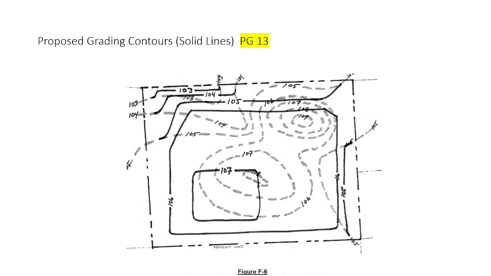So let me read a little bit of my notes here, just looking at this first shot. Figure F6, is that what we're looking at? Yeah. It shows an example of a proposed grading design overlaying the existing contours associated with the site we're looking at. The 107 feet contour could be a building pad. I just talked about that. A site access could be provided up here, maybe, coming in through here. We'd have to visit the site before we make those decisions.